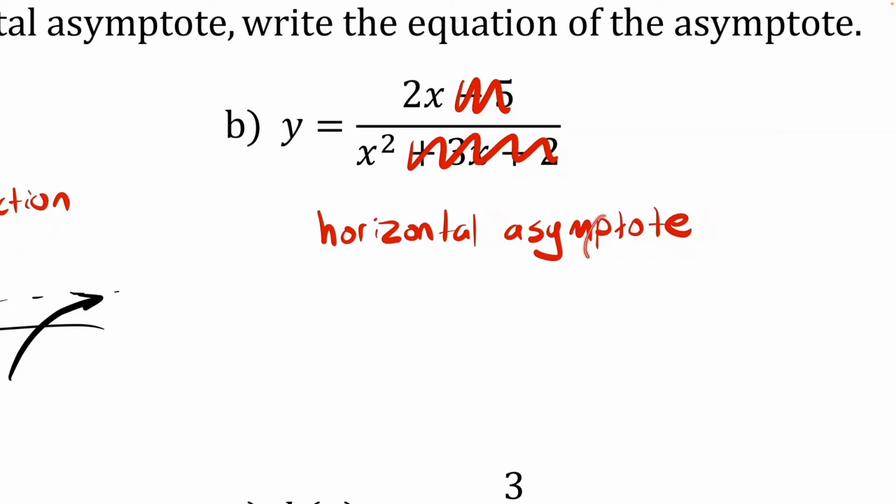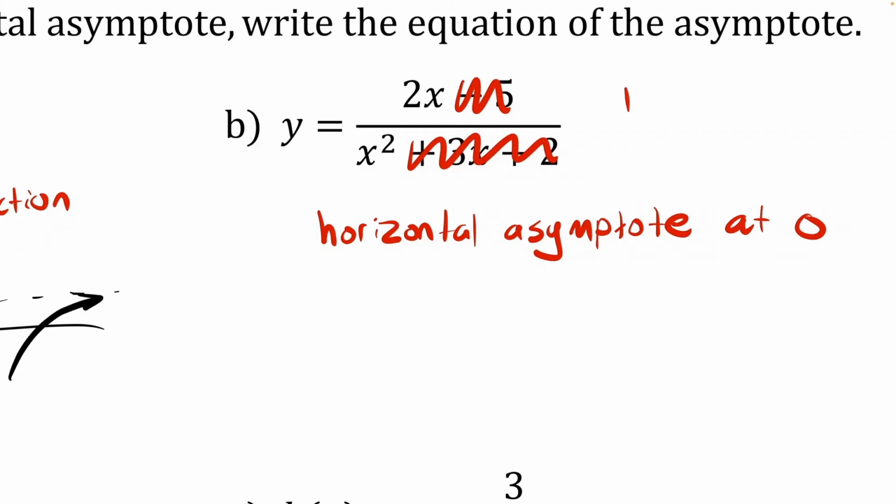Asymptote. Again, P is silent. It's asymptote, you pronounce the M like an M, not an N. And the horizontal asymptote is at what height? It's at the height of 0.